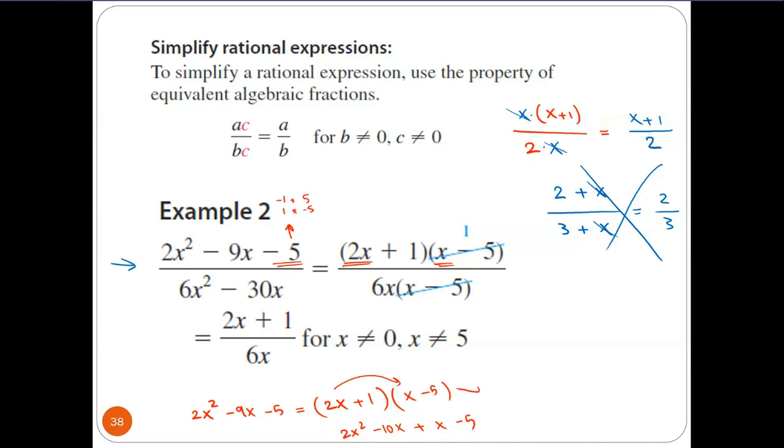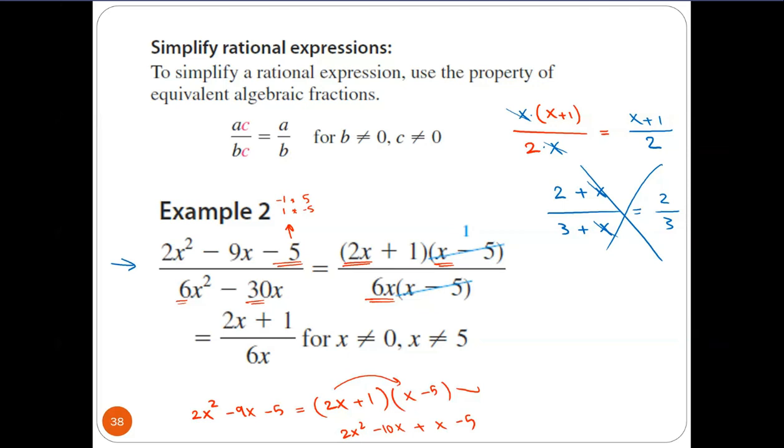So this is correct. In the denominator, we can take 6 as common factor and x to the power 1. x to the power 1, this is the least exponent. So we can take 6x as greatest common factor.